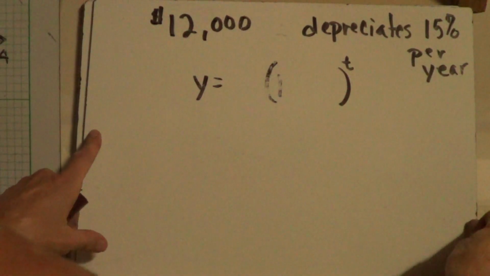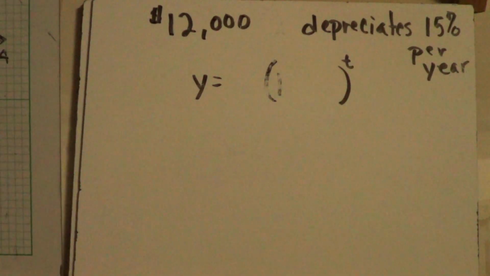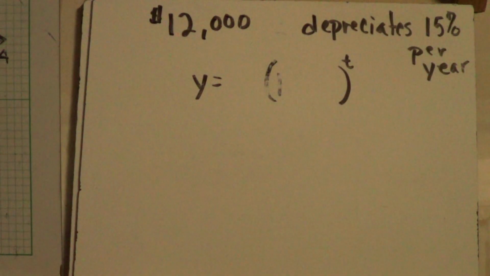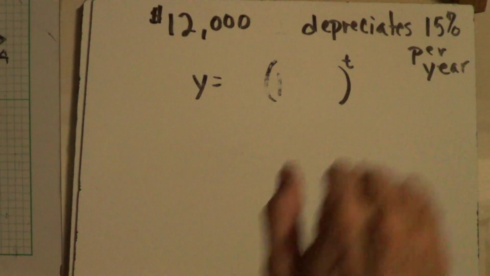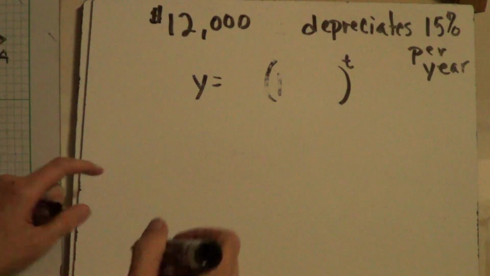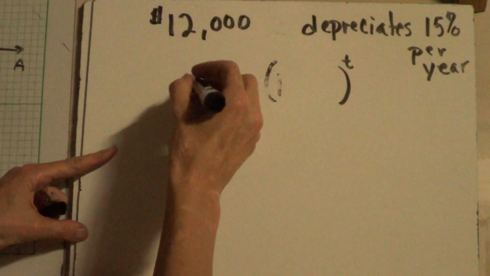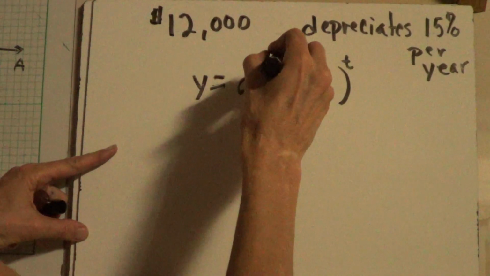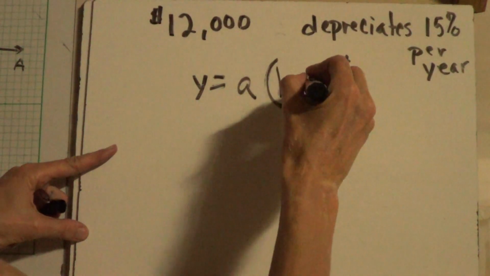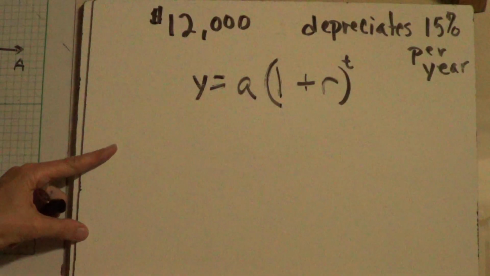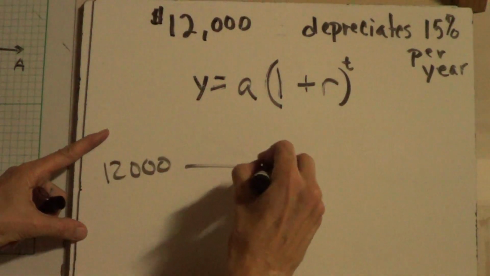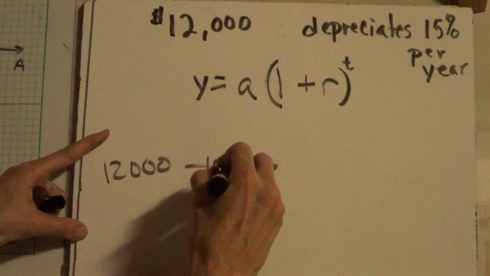Now here's more commonly what happens to people: they'll buy like a $12,000 car. They know it depreciates 15% per year, but they don't watch when the car depreciates more than the loan that they owe, because they're paying interest on a loan. And they may not be paying it off quick enough. So again, we have y equals a times 1 plus r, but this time, think about it, 12,000. If it stays at 12,000, it would be 100%.